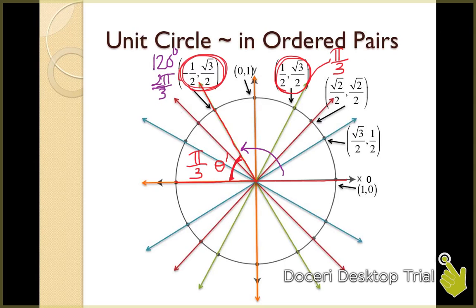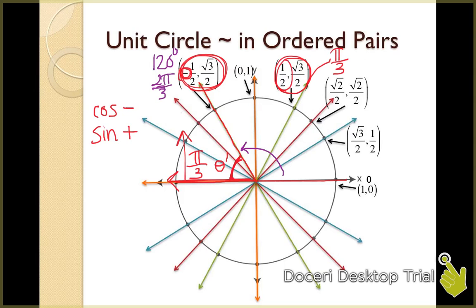But what's different is the positive negative signs. So in the second quadrant, we know that cosine has to be negative because we're going to the left of our y-axis, and sine has to be positive because we're going up.